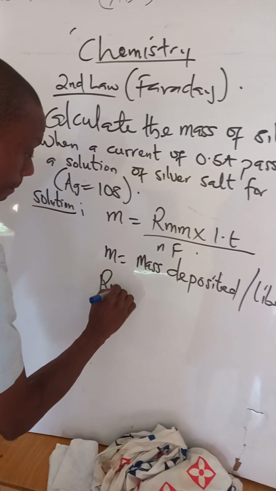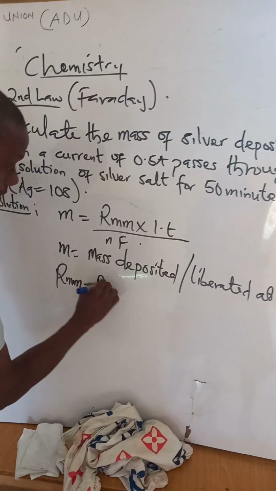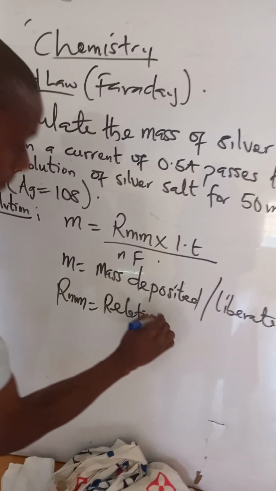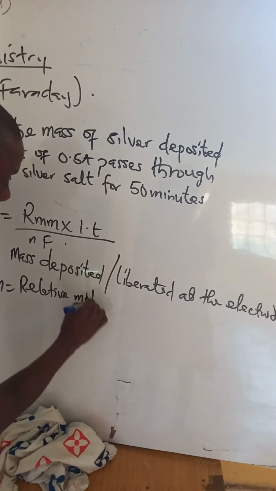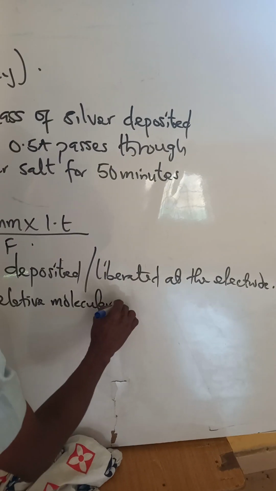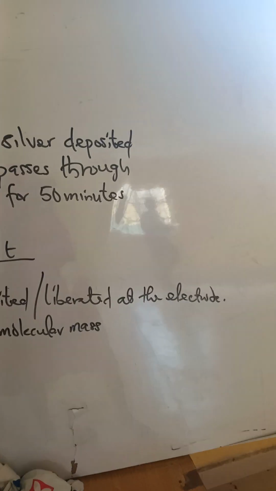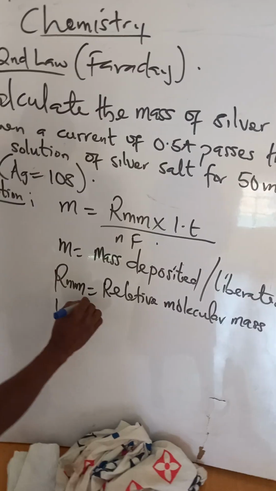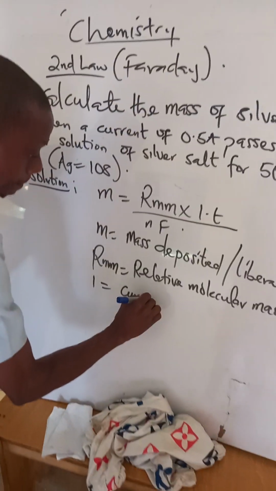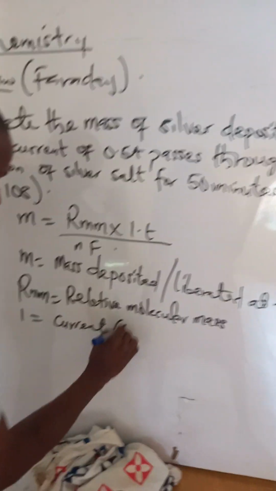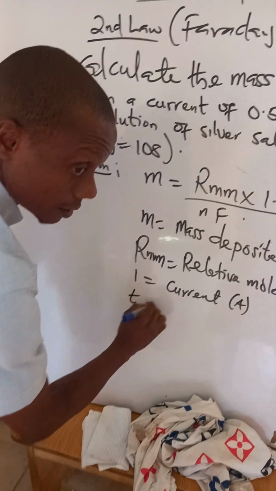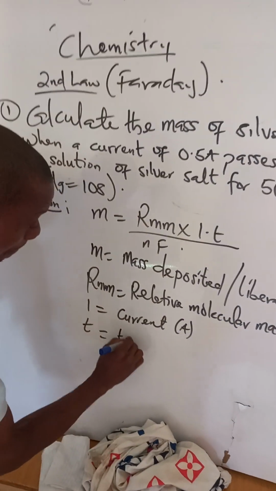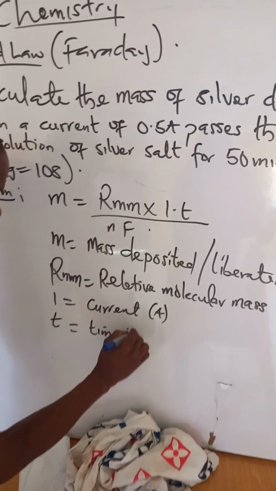RMM is the relative molecular mass of the given element. I is current in ampere. T is time in seconds.